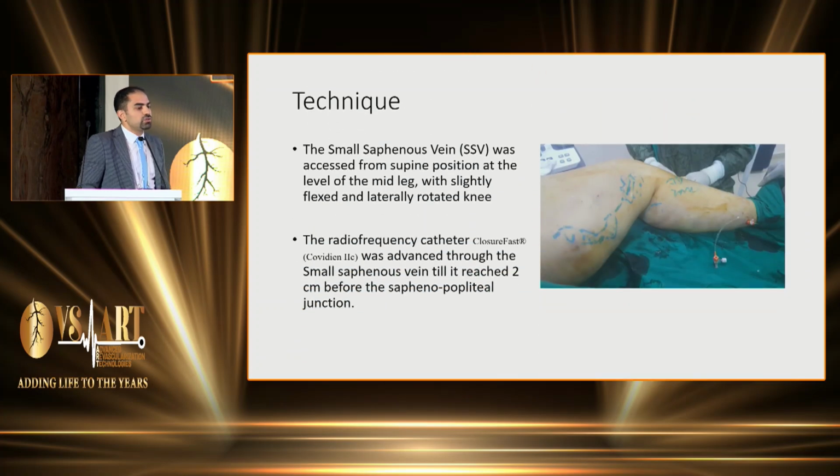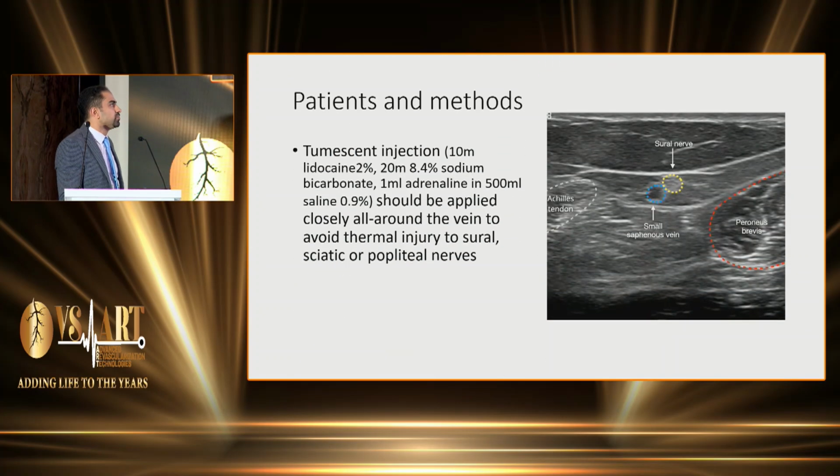Our technique was accessing the small saphenous vein from the supine position, with just a lateral rotation of the knee. Using duplex guidance, we insert the sheath, as shown in the picture, and advance the catheter to 2 centimeters before the saphenopopliteal junction.